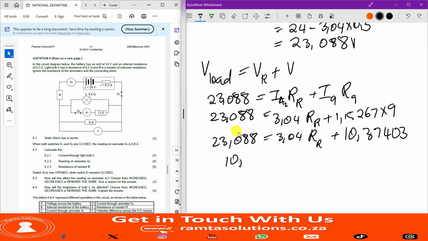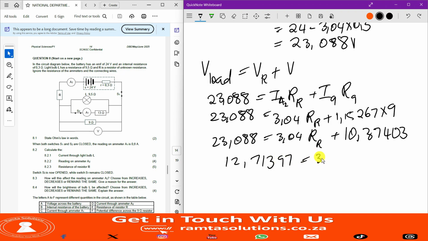Okay, perfect. 23,088 minus 10,37403, I'm getting 12,71397 equals 3,04 times the resistance of resistor R. This answer divided by 3,04, what am I getting?